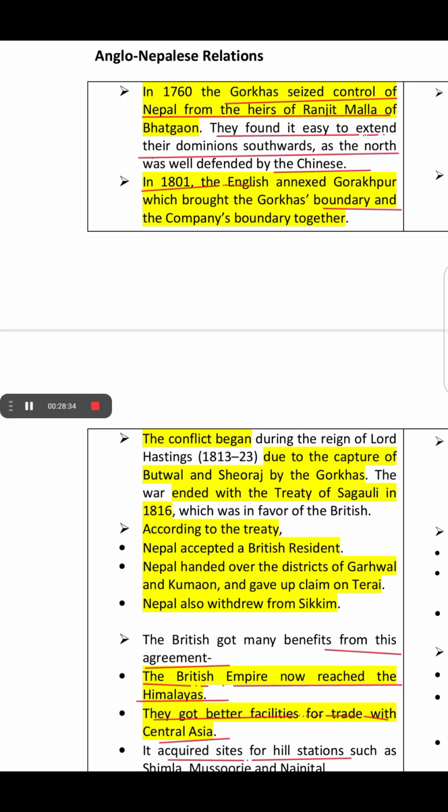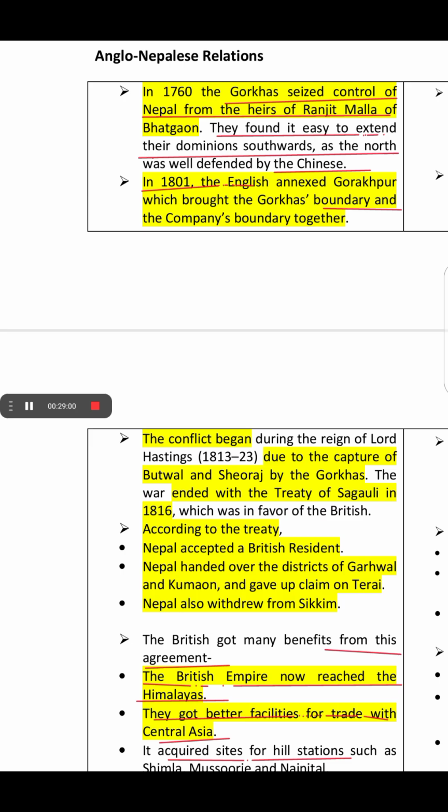So this caused the Anglo-Nepalese War. The Gorkhas of Nepal had expanded into Indian territories like Gorakhpur and Kumaon. This brought them into conflict with the British East India Company, and the British wanted to stop the Nepalese expansion of land in India.